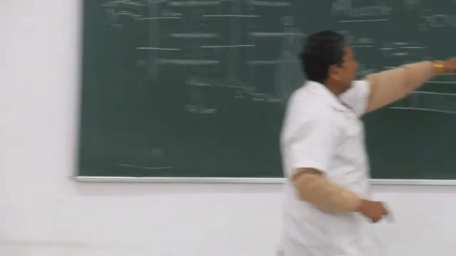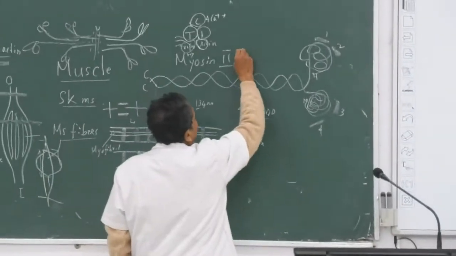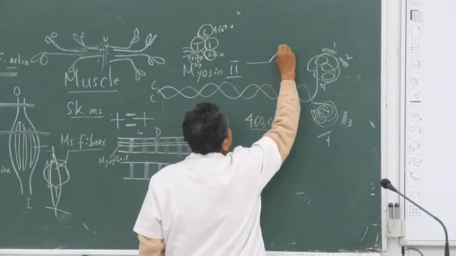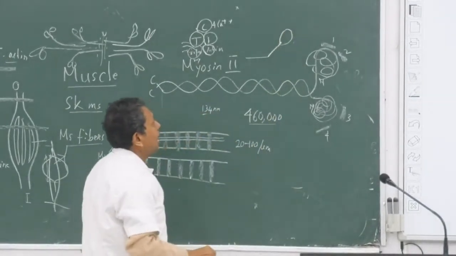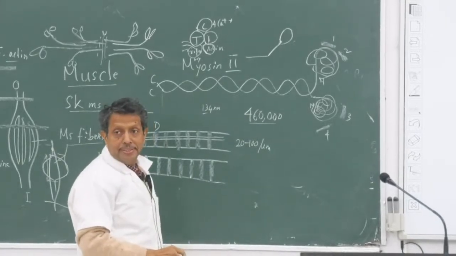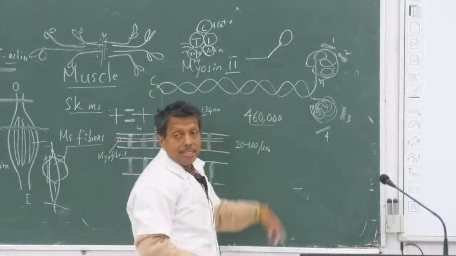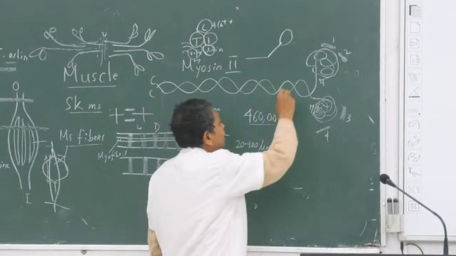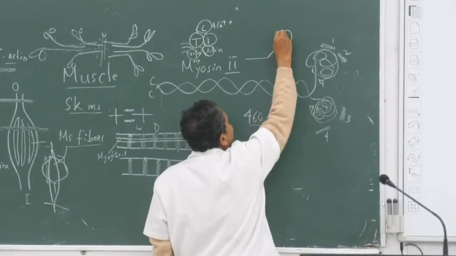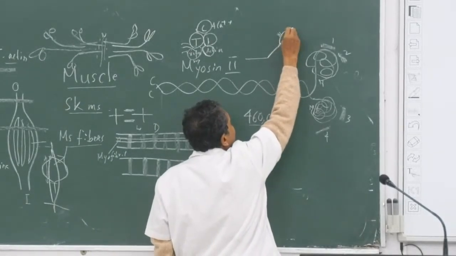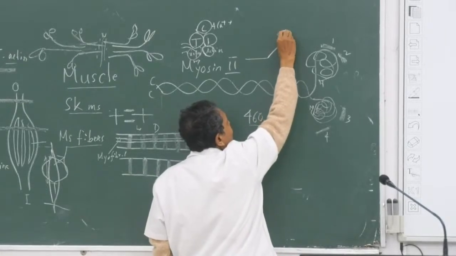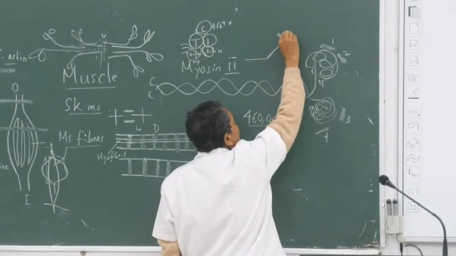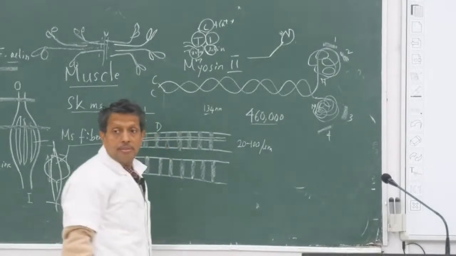Now if you consider this myosin filament, now in this pattern if you consider, it is the myosin head, and there is relative movement, and it has an actin binding site, and this part is the actin binding site, and some nanometer distance away, that is the ATP binding site.